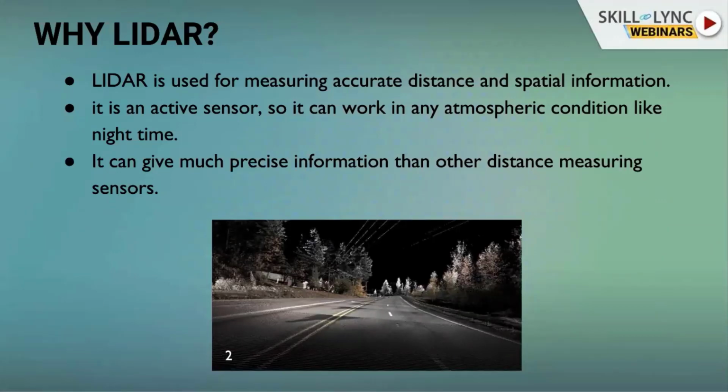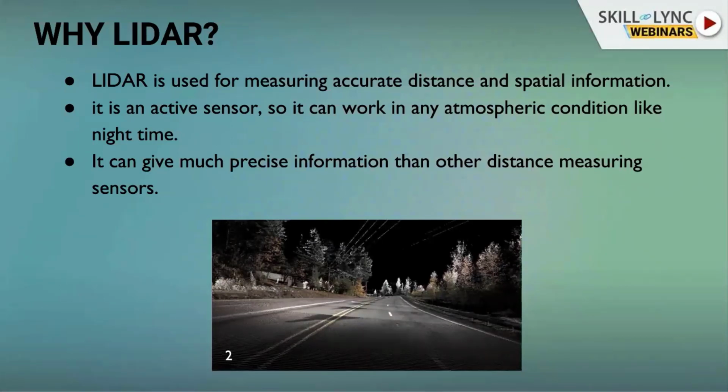So say a LiDAR sensor is there in your car, and you want to detect a pedestrian or a truck or a car in front of that self-driving car, and you want a sensor which can give the best distance information. In that case, LiDAR is the best possible sensor.